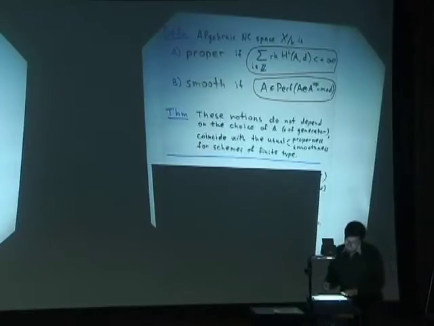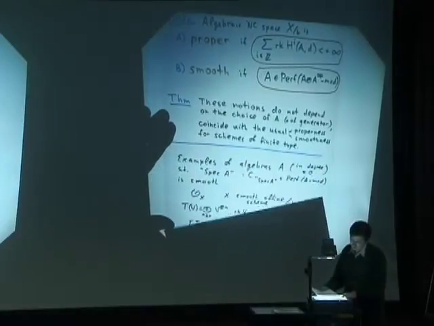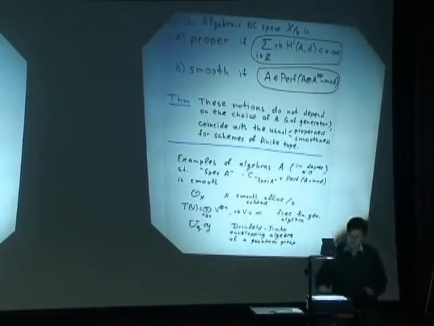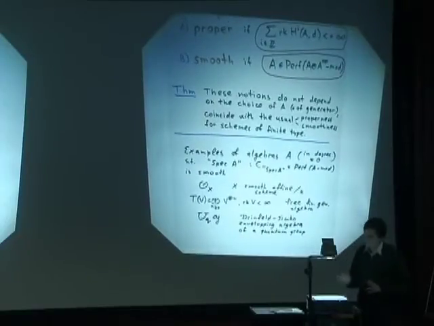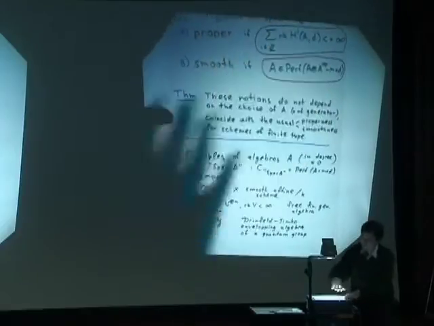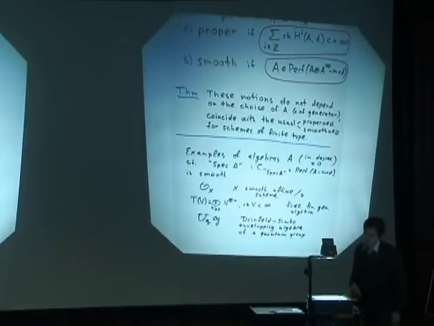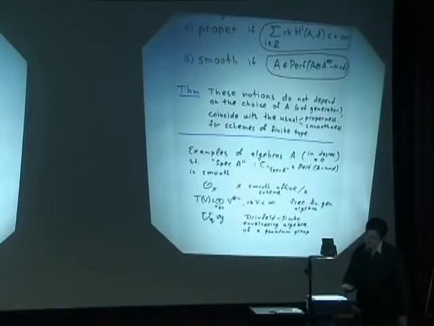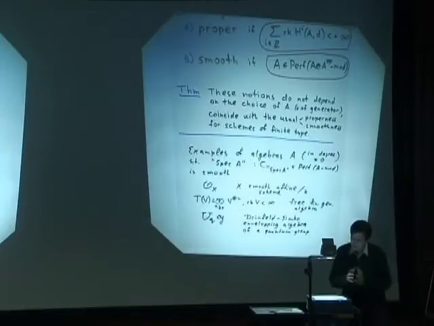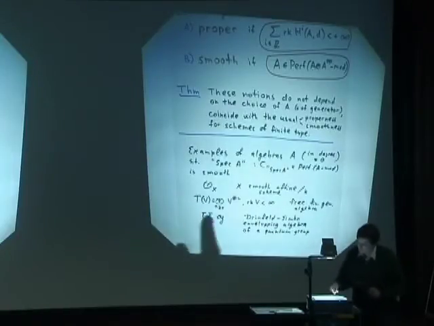Okay. So what is this smoothness? There are kind of three types of examples of smooth algebras, not necessarily proper, which means not necessarily a finite dimensional thing. I'll give examples of smooth algebras in degree 0, not differential graded algebras.